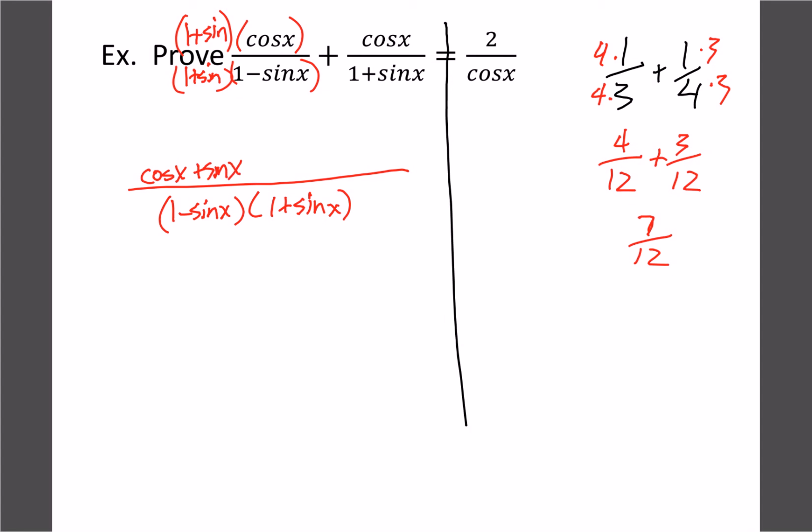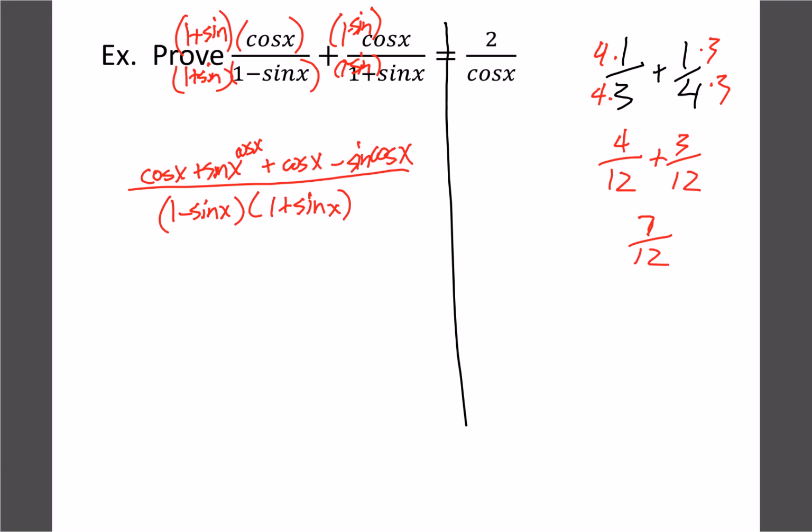And if we do the same thing with the other one, we times it by 1 minus sine, top and bottom. So the top, if we FOIL that one out, we would get cos x minus sine times cos. Oops, I forgot the cos on this one when we FOILed it. And that's it. So you can see we've got our tops done.